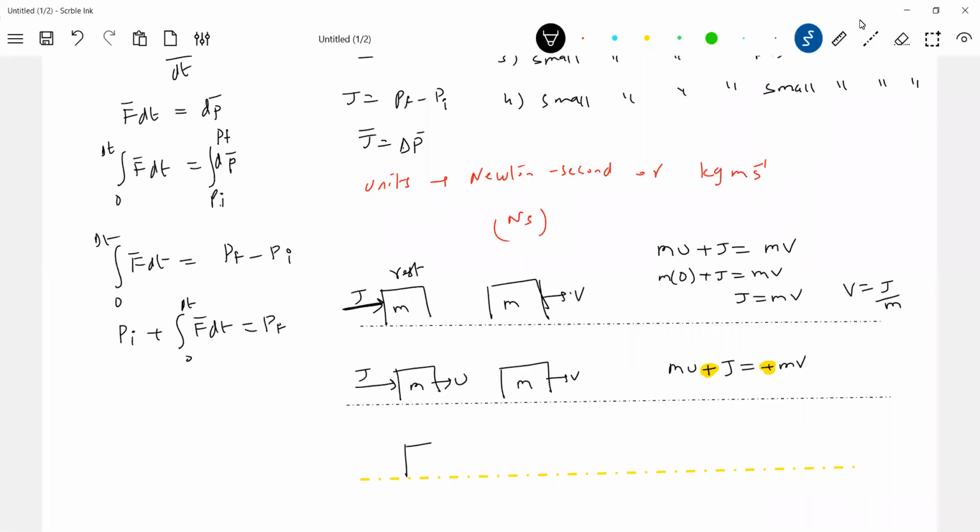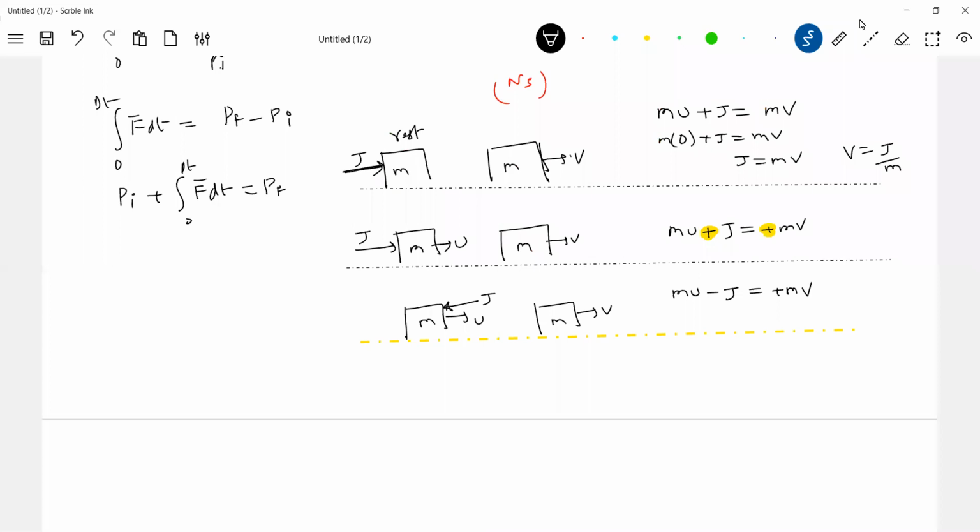Now there's a block of mass m moving with a velocity u, and an impulse acts in this direction. Then it will acquire velocity v. So then what is the equation? mu minus J equals plus mv. Why minus J? Opposite to initial momentum.